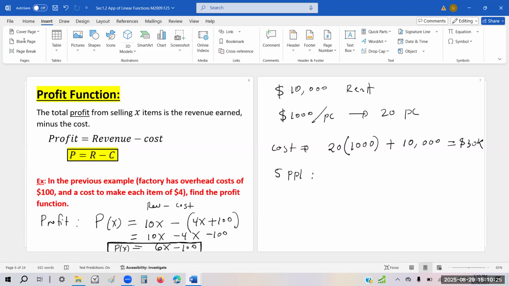How much money did you get by selling 5 computers to 5 people? That's your revenue. You sold 5 computers. So how much money did you get? 5,000. 5 times 1,000, you got 5K on your first day.